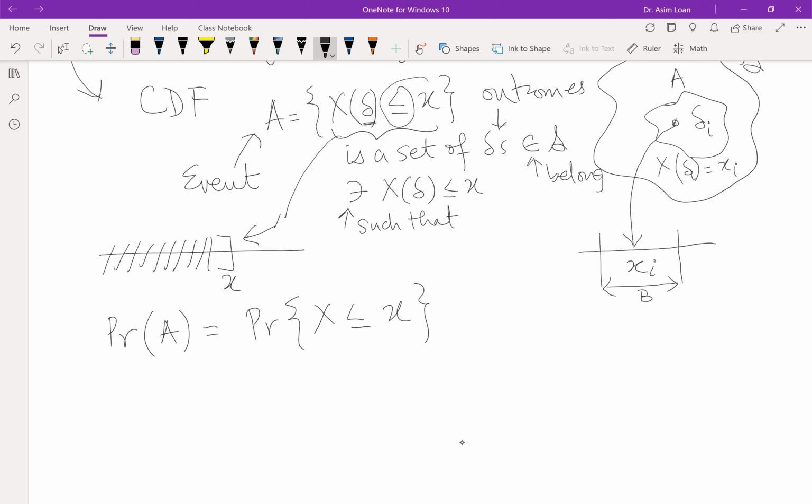And this, by the way, is the definition of F_X of x. This x is a random variable. This is up to this point x, so that's why this is a cumulative distribution function. And obviously, when you're adding, everything is positive by axioms 1 and 2, and it saturates at 1.